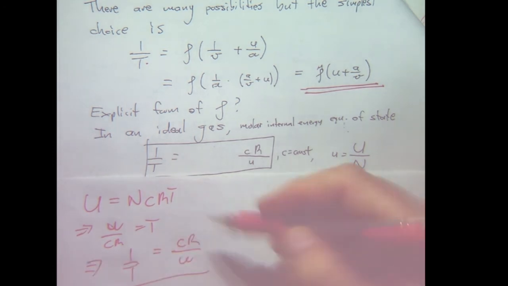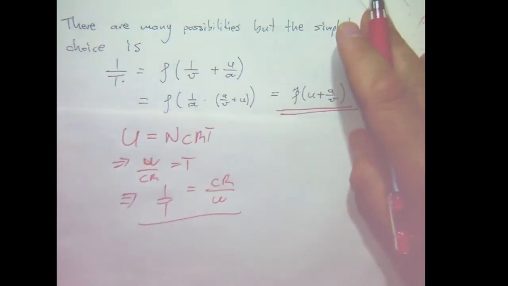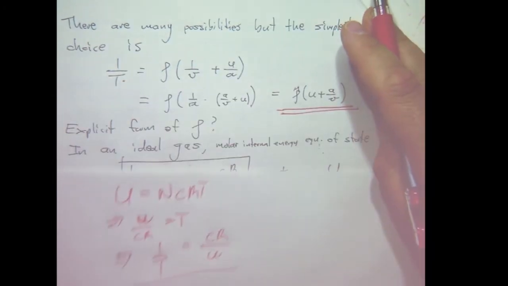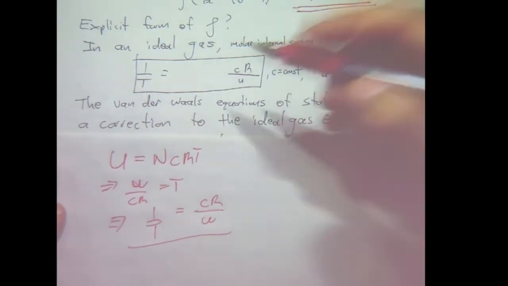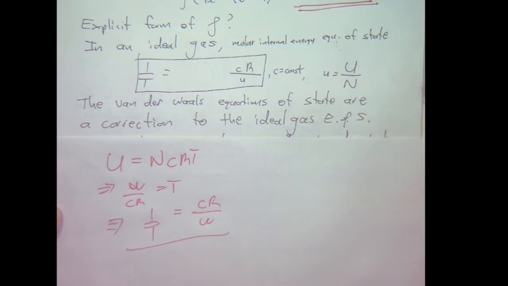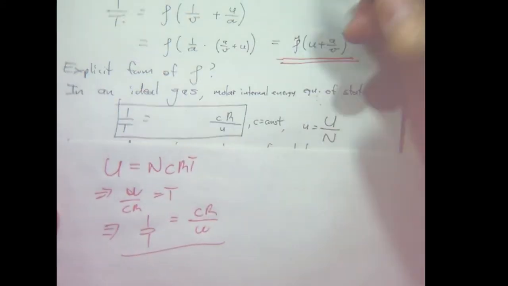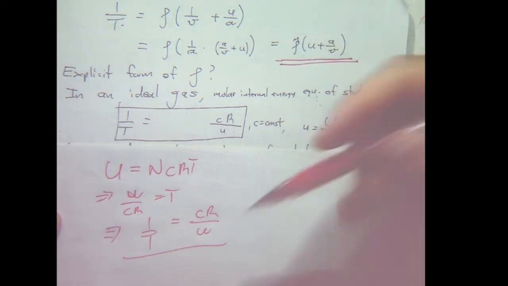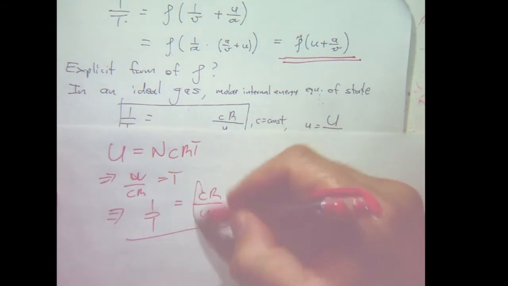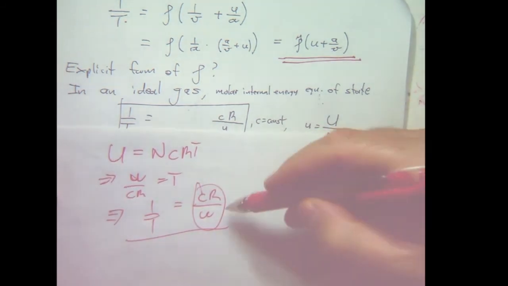This is for an ideal gas. The van der Waals equation of state is a correction to the ideal gas, so we would expect whatever function this is to be not very far away from the ideal gas law. It should be close to this. That's a physical argument.